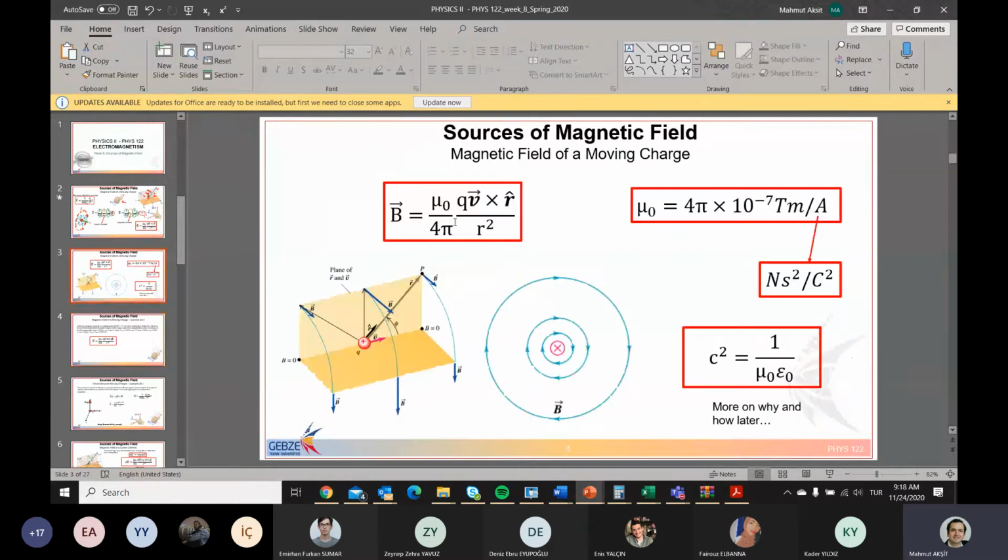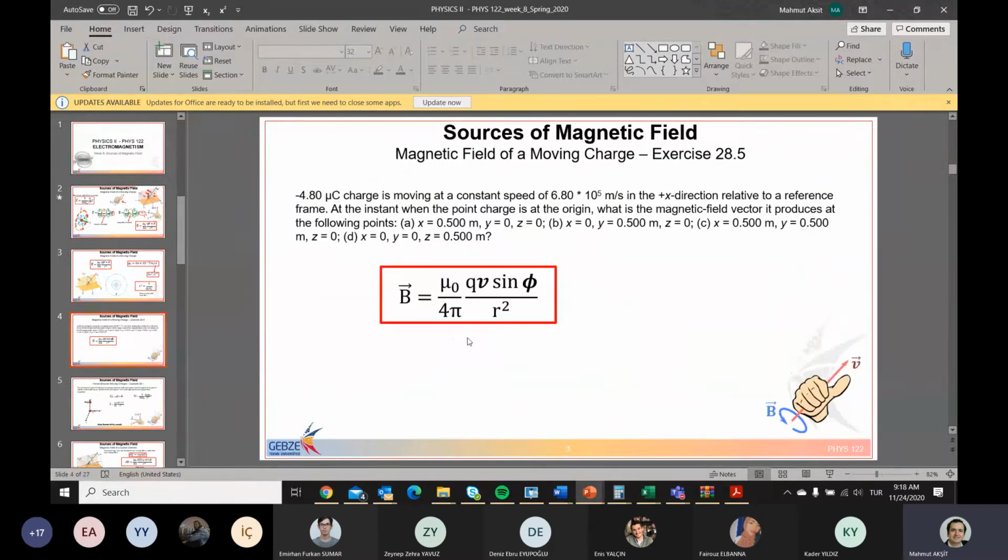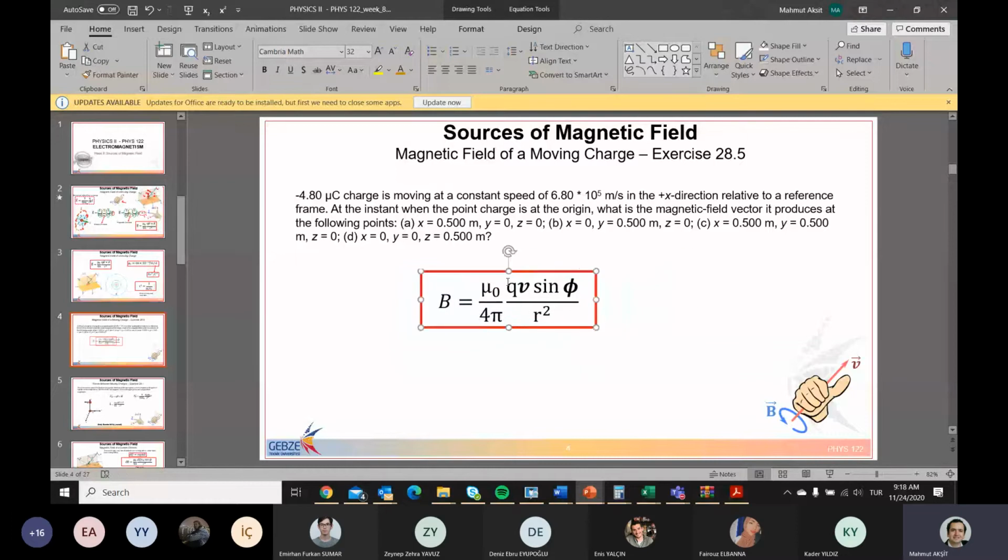The cross product can be converted to qv sine phi, as we saw before, if you are just interested in the magnitudes. So this is asking us for magnitudes here. Mu 0 is known. For example, for A, the distance is 0.5 meters, so you are going to put 0.5 meters instead of r.